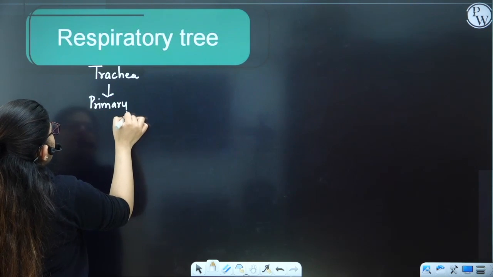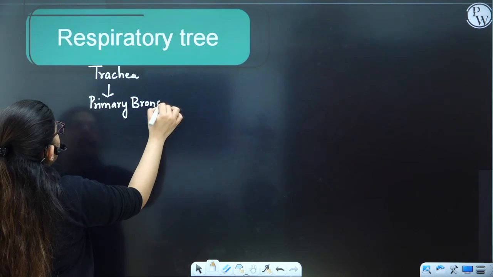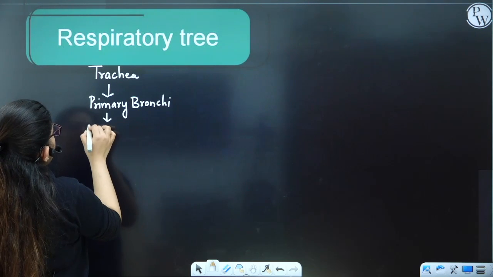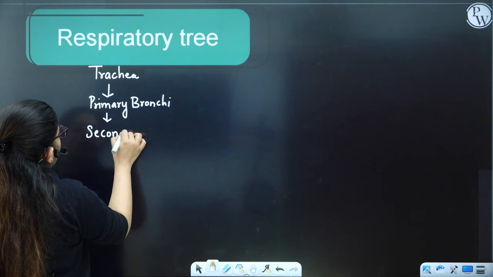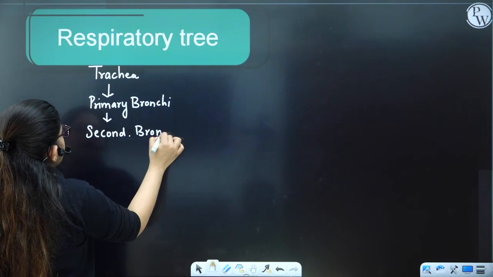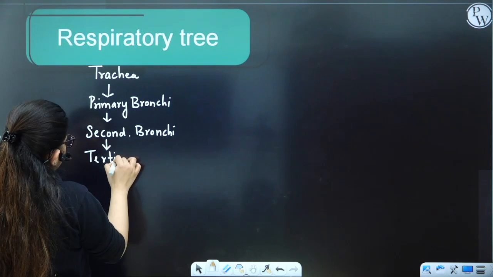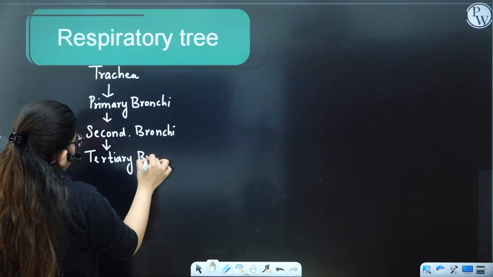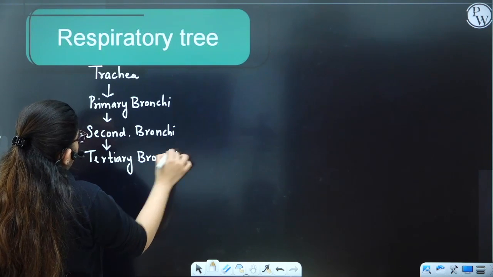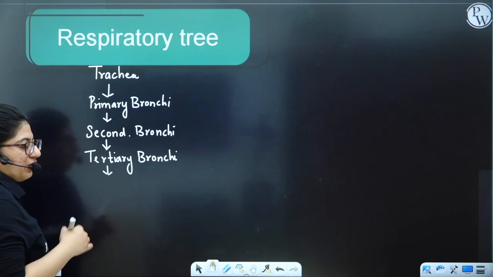Why am I writing this? Because I'm going to explain a very important point here. From primary, we are moving to secondary bronchi. Secondary to tertiary.